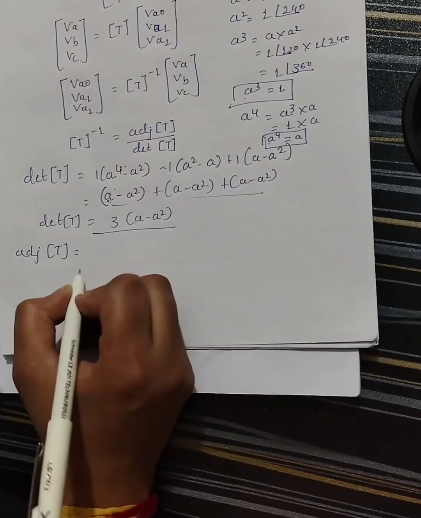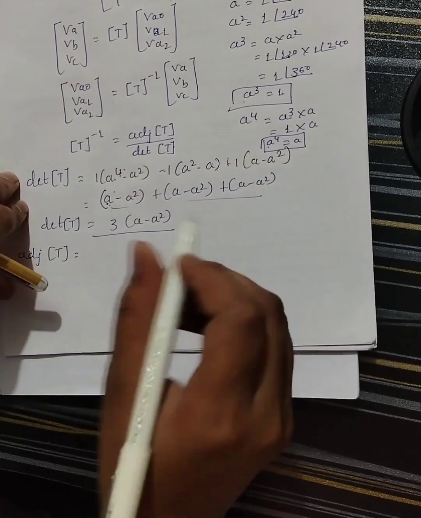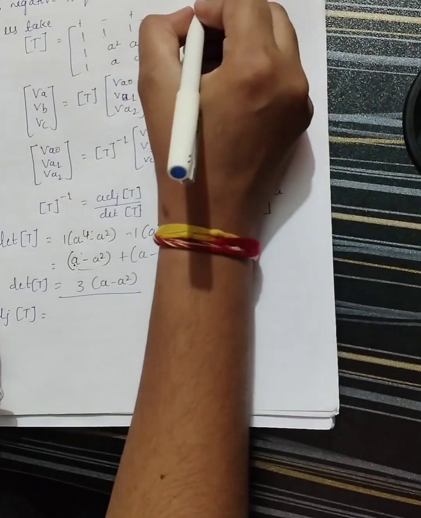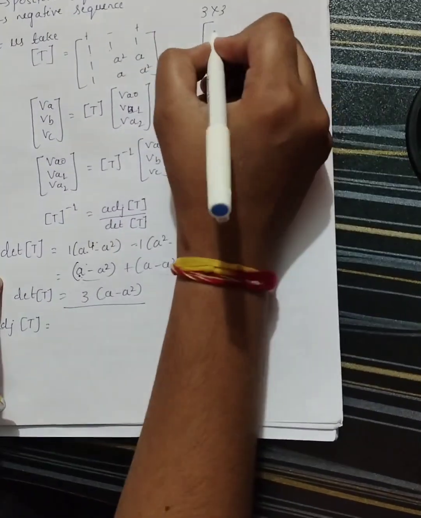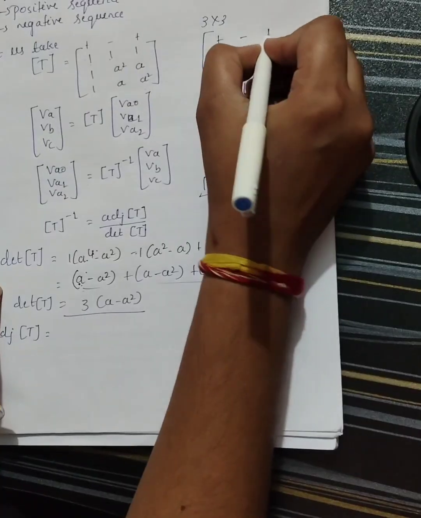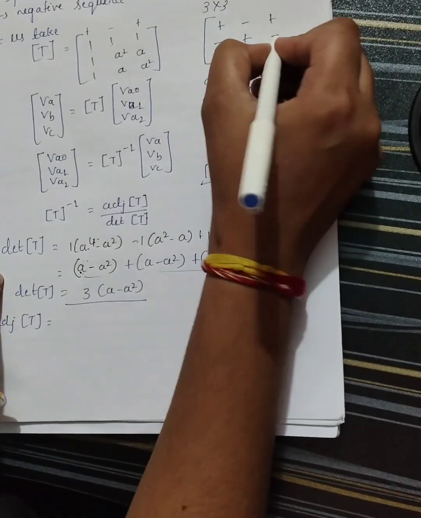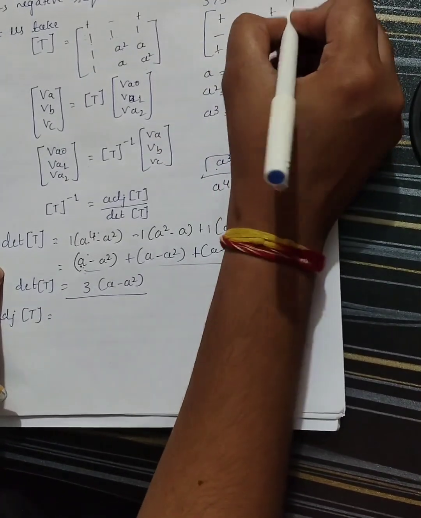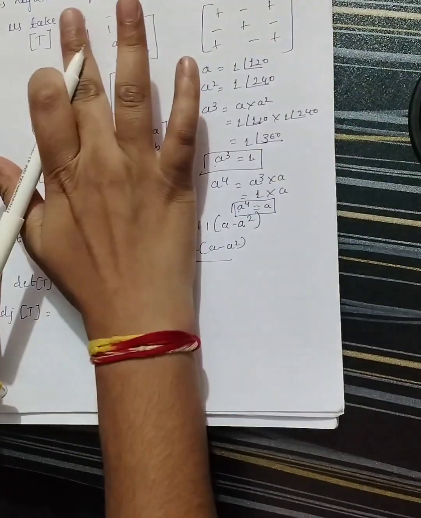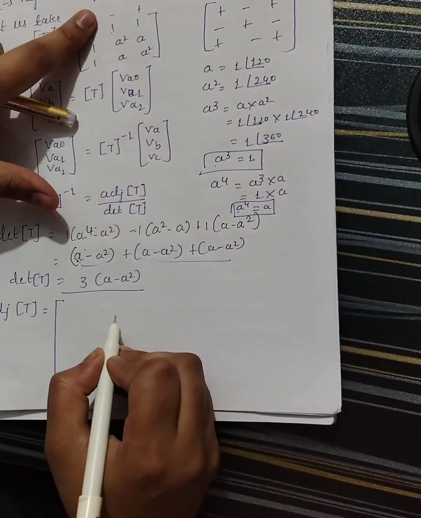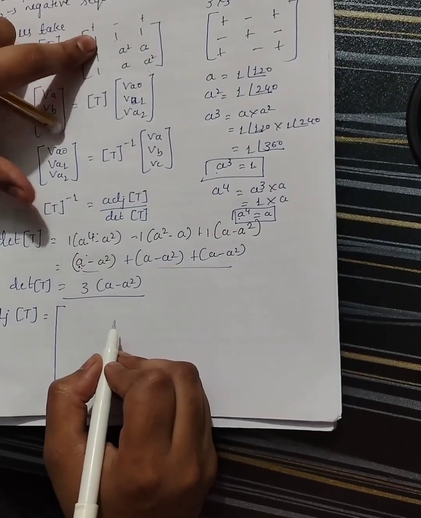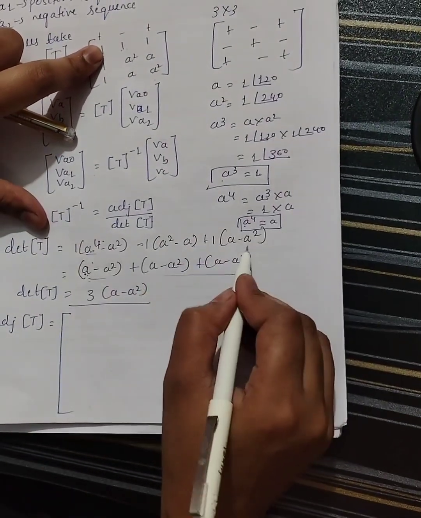Remember one thing. For calculating the adjoint of T for a 3 by 3 matrix, the signs are plus, minus, plus, minus, plus, minus, plus, minus, plus. Respecting this, we calculate for the first element. We get the same as before.